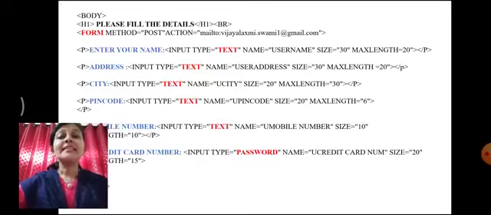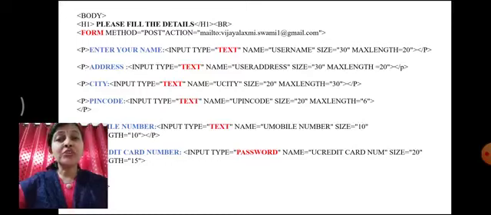So this is the text box for your name, and the text box for your address you write as input type equals text, name uaddress, size 30, maxlength 20. And for the city you type city, input type also text and the name is ucity for your reference, size 20, maxlength 30.